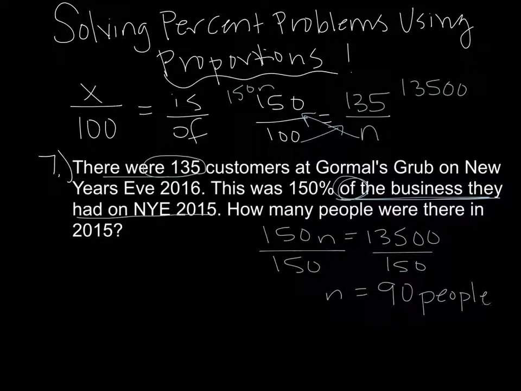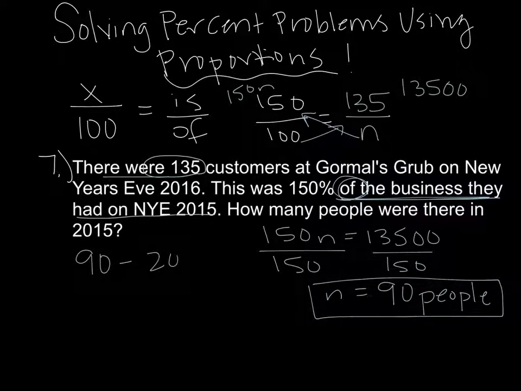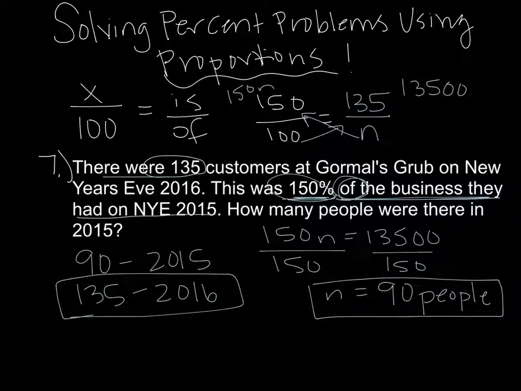It's a word problem. We need a word in our answer. And so 90 is how many came in 2015. 135 is how many came in 2016. Does that make sense? Yes, because it was 150% of how many they had the year before. Was it more in 2016? Yes, it was. It was 150% of what they had the year before.